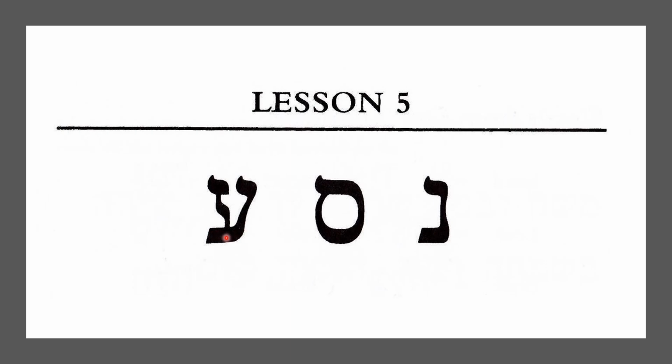Again, it has no sound. To remember the name ayin, it's kind of interesting because it does mean eye, and you can see 1, 2 eyes here, and even the nerves that go down from the eyes. You get the whole picture here, but in Hebrew this is the word for eye. So again, this is the ayin.